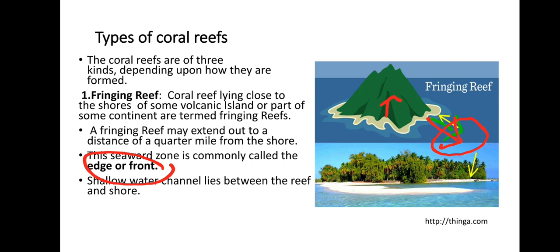That means if you are going for a 100 meter race, you know what the length of the 100 meter is. Only that much. That is the distance between the seashore and the reef. In between this, water is present. It is a shallow water body.